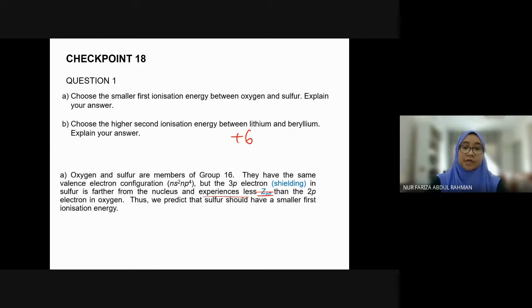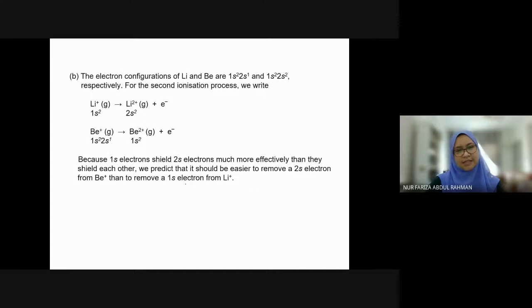Okay, the size become larger. That's why the highlight would not be the Z effective. It would be the increase in n. Okay, and the increase in n have a smaller first ionization energy. Further down the group, the size become larger. Okay, right. Ni yang tadilah nak cakap tadi.